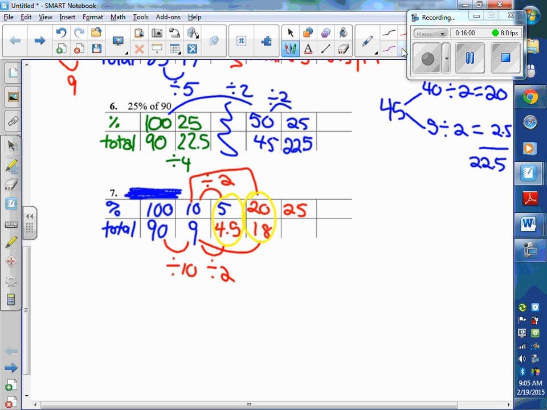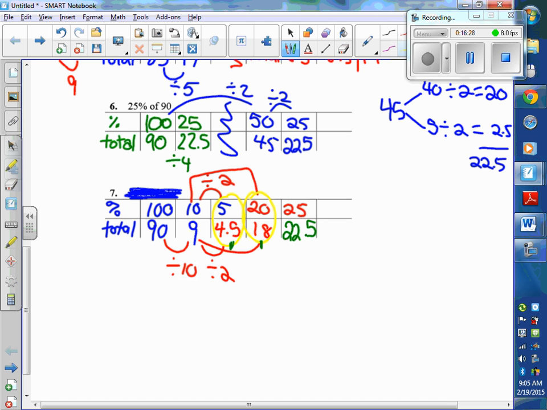Because when you add 20 plus 5, you get 25. 20% plus 5% is 25%. So you can add the value of 20% to the value of 5%. You could add the columns. And what's 18 and 4.5? 22.5.